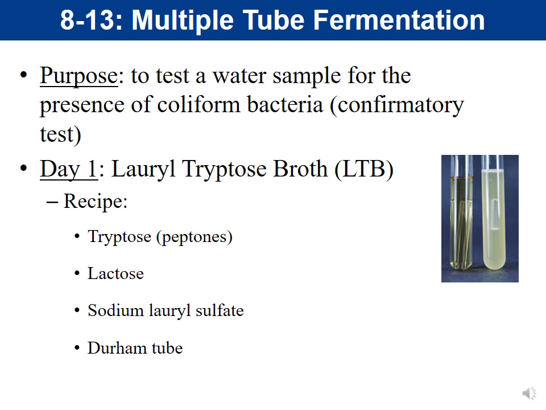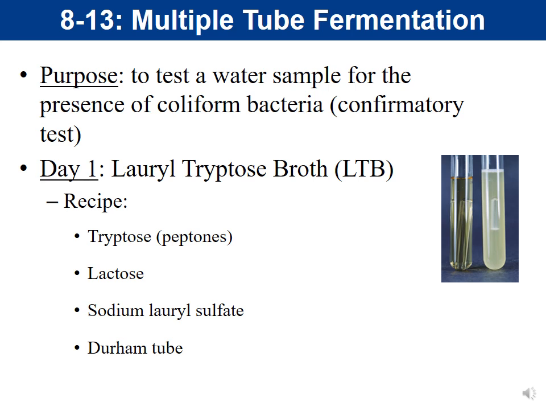You want to know what is the positive and what is the negative in the lauryl tryptose broth, right? The positive in the LTB was turbidity, so growth plus gas, because you get gas if the lactose is metabolized. The negative in LTB is either no growth, so no growth means there's no gram-negative bacteria in the water.